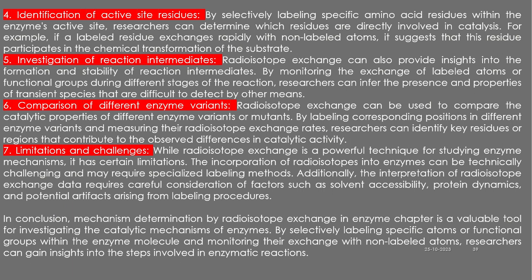So you can measure the properties of transient species which cannot be detected by other means, by monitoring the labeled exchange into the functional group during the different stages of the reaction.